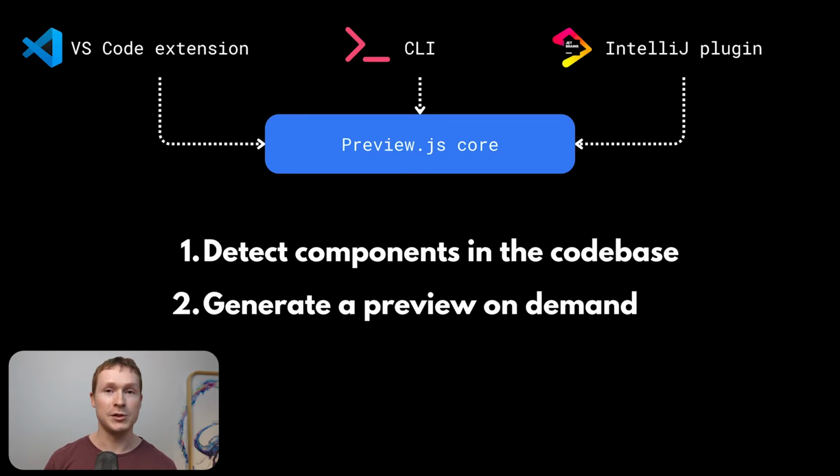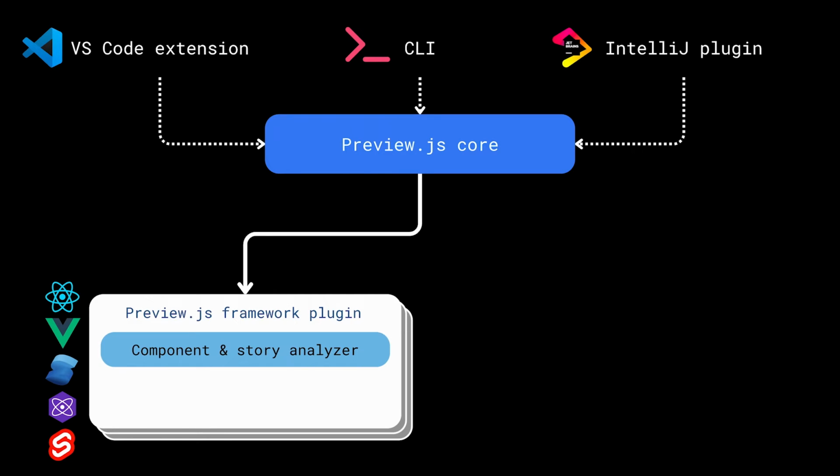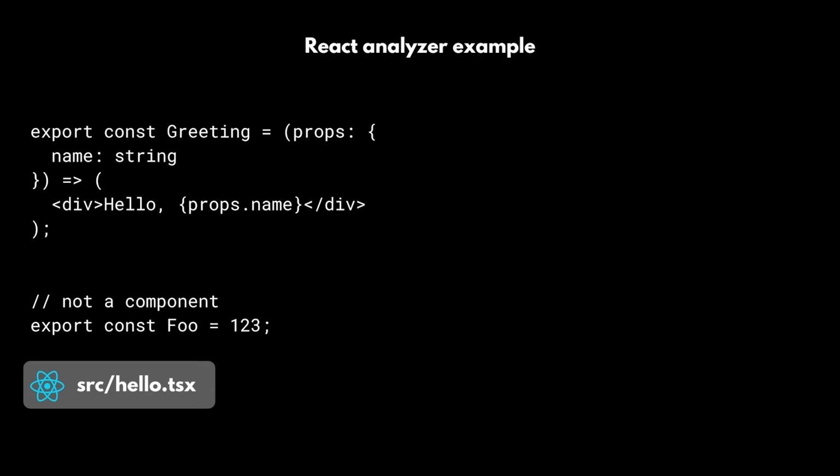Let's first talk about the first part, detecting components. For each different framework, such as React, Vue, etc., we have a different implementation of a framework plugin that provides especially a component and story analyzer. For example, for React, the React analyzer will look for JSX or TSX files, and inside of them, look for functions that return JSX.